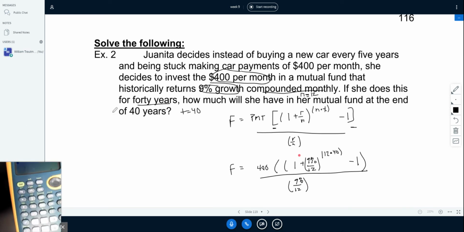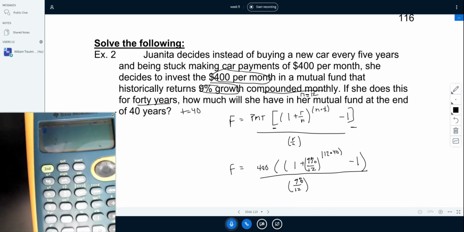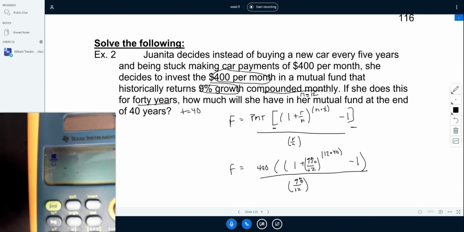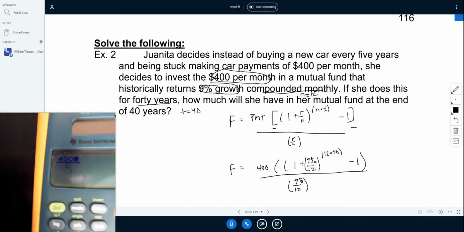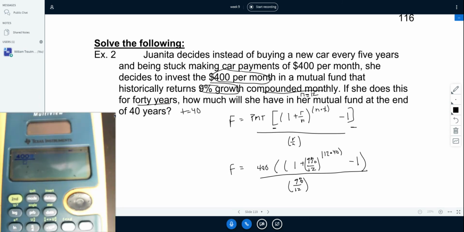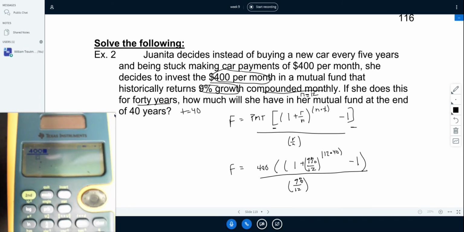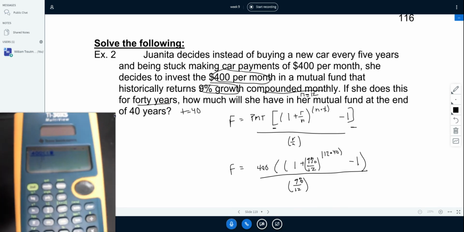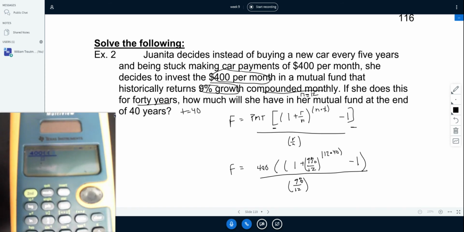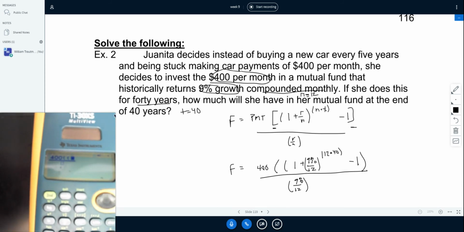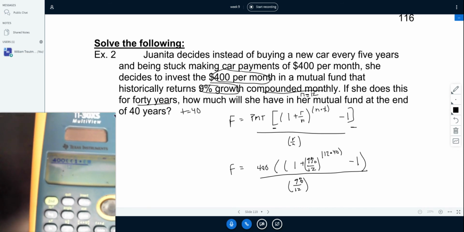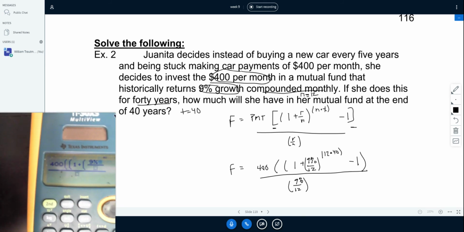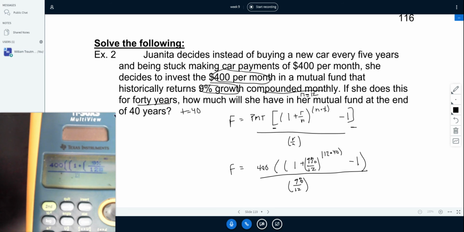So I'm going to start off with a fraction because we have a big fraction. Let me make this a little bit bigger. We have $400. If you don't put the correct number of parentheses in there, it's going to tell you error. So we have 2 parentheses to deal with. One is for the whole thing, and the next is for the inside. So I put 2 parentheses, 1 plus another parentheses with a fraction, 9% divided by 12.